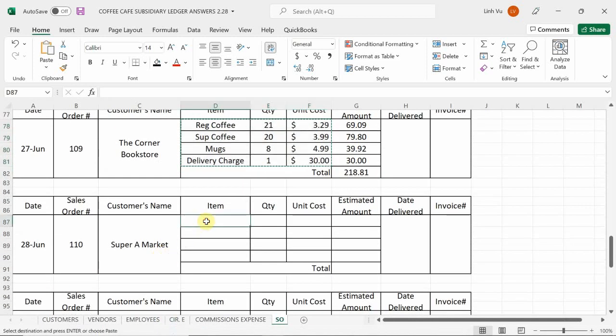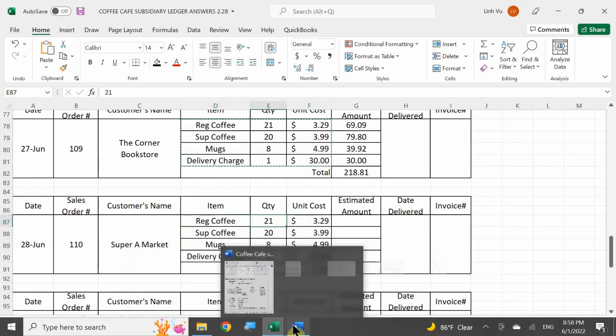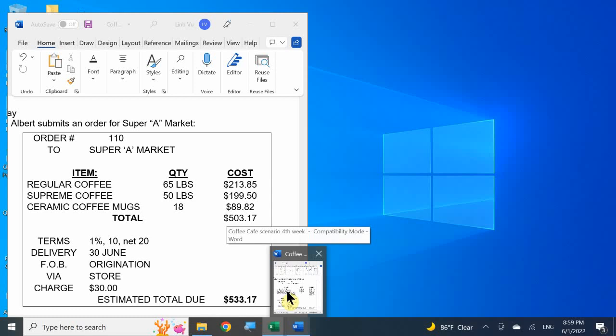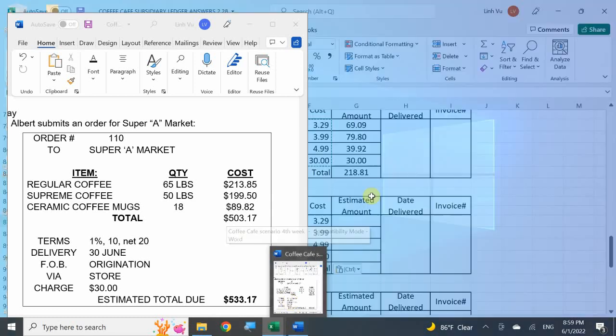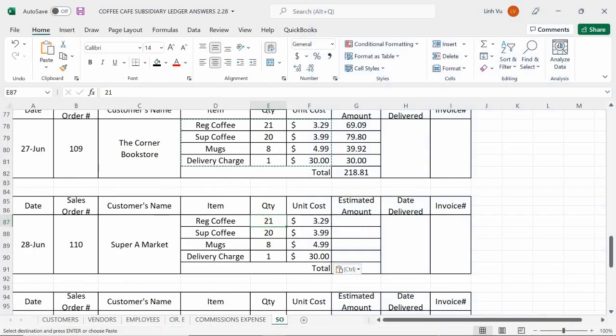Right, they want everything on here. They want regular coffee, Supreme coffee, and some ceramic coffee mugs. So in this case, they wanted 65 pounds of regular, 50 pounds of Supreme, and 18 ceramic coffee mugs, plus a delivery charge.